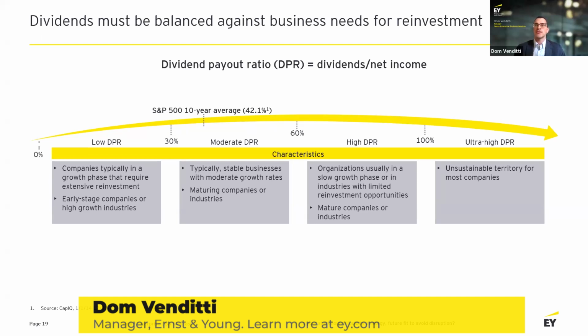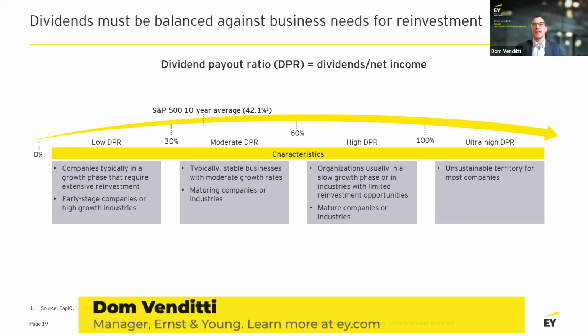So they may be looking to dividend out or distribute more income for owner diversification purposes. There are certain industries that allow for payouts greater than 100%, but companies routinely paying out more than 100% are in what we classify as unsustainable territory.